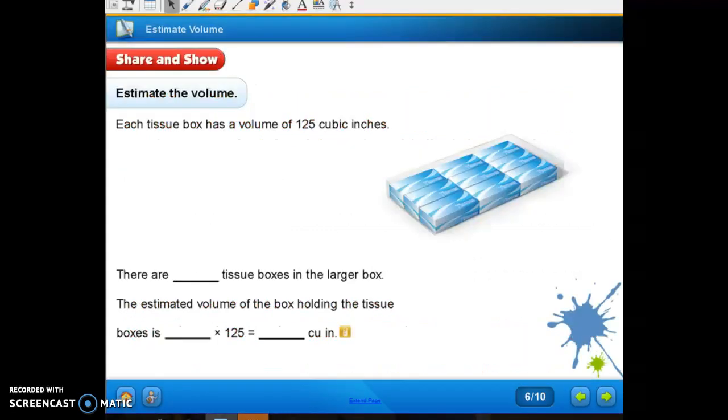Share and show on page 473. Estimate the volume. Each tissue box has a volume of 125 cubic inches. How many tissue boxes are there in the large drawing? There's only one layer, and there's 3 in each row. So there are 9 boxes.